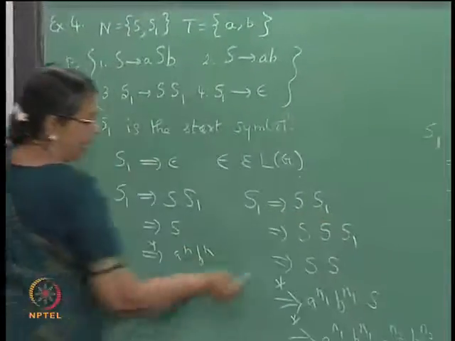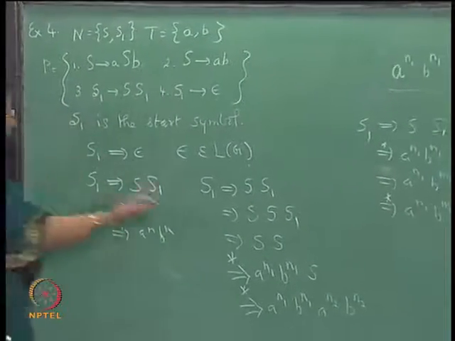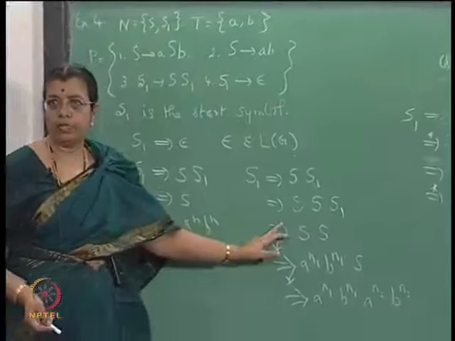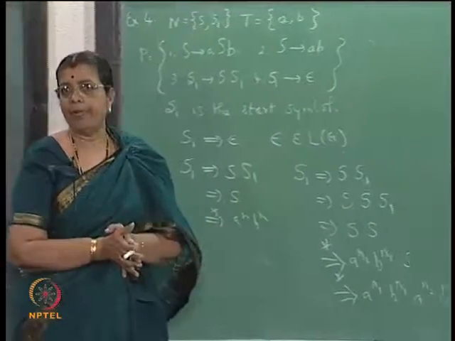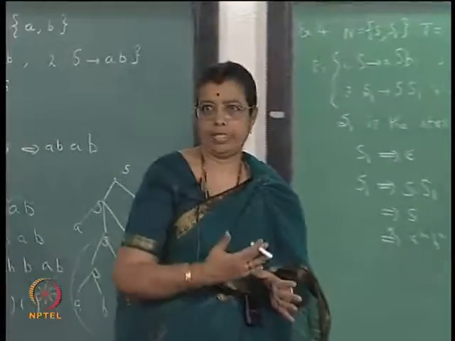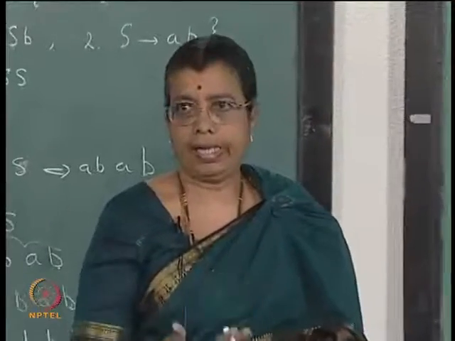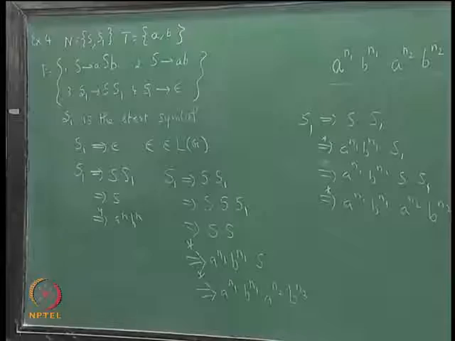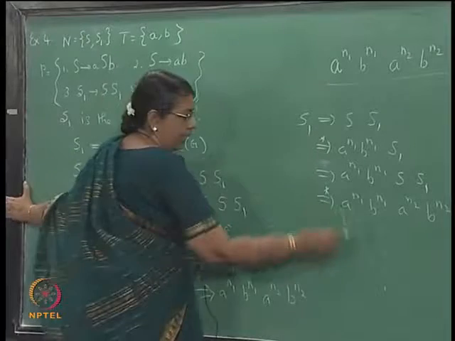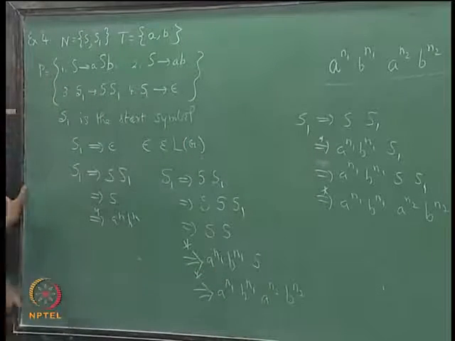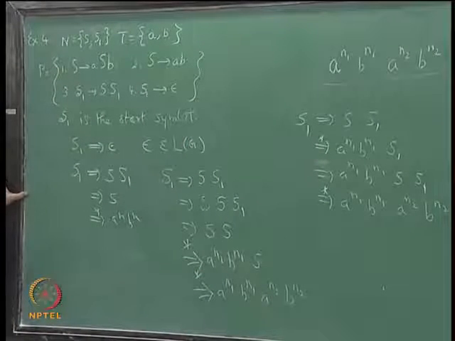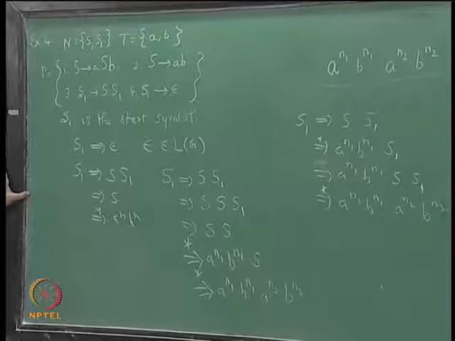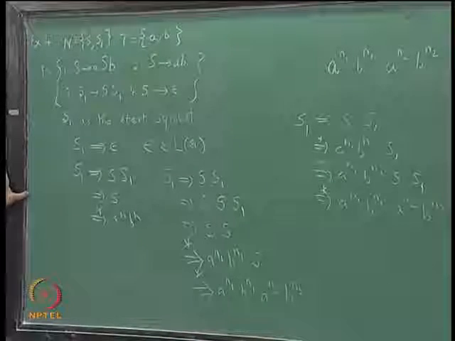In this example I have derived in such a way that you have 3 here, but you could have done it with 2. First derive the A power n B power n from S, then expand the S1. We can proceed like that. So, you can have a derivation in which every step you will have 1 or 2 non-terminals only, not more than that.